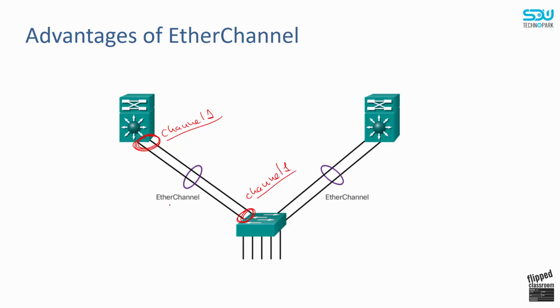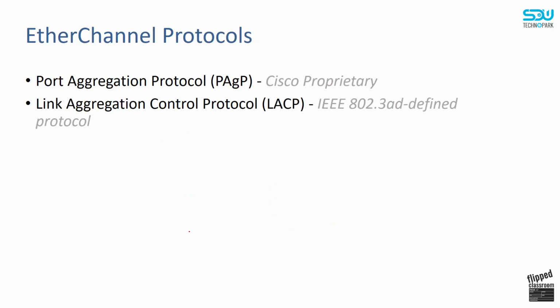So the EtherChannel is the technology which provides you the ability to connect multiple links between switches that will not be blocked. We have two protocols which provide the negotiation between ports of the switch to create the EtherChannel.